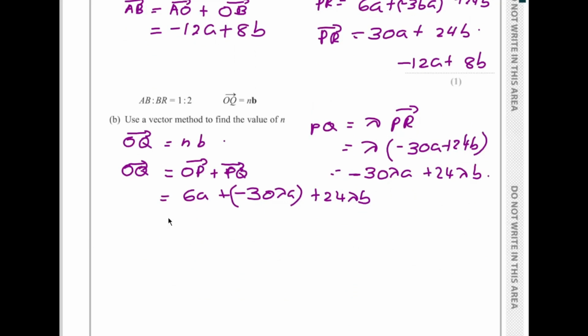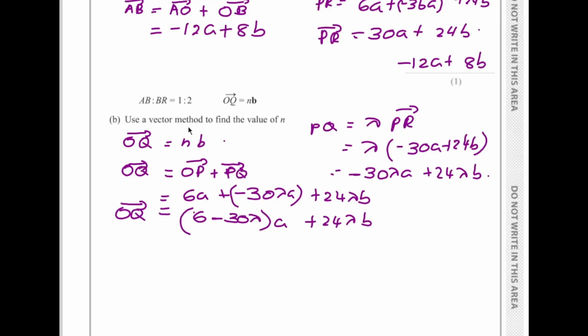Then I'm factorizing A, so I have to write 6 minus 30 lambda, and 24 lambda B. I'm factorizing A here since I need to match the coefficients to make my path easier. Now I got OQ in two ways.